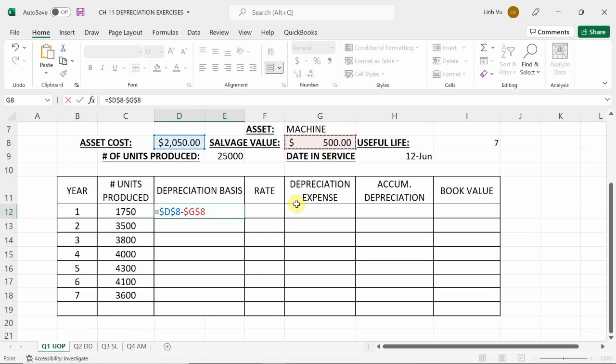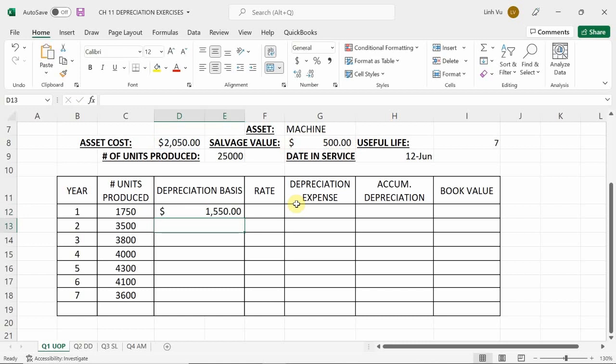Now, how much do I have? I have 2,050 minus 500. It's going to be 1,550. So what's your rate?